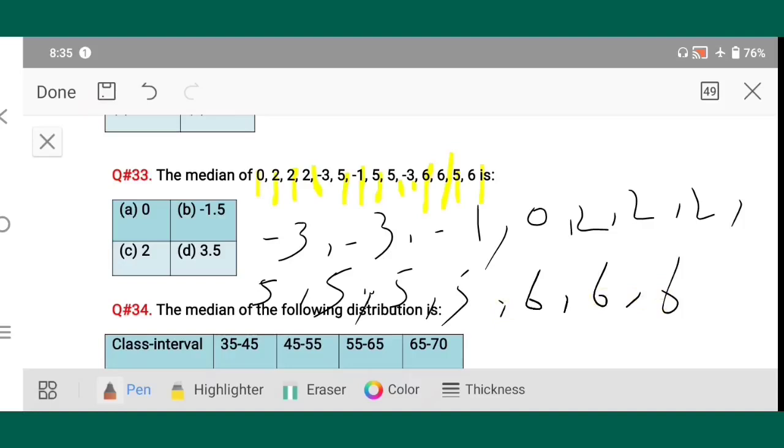Just count the numbers: 1, 2, 3, 4, 5, 6, 7, 8, 9, 10, 11, 12, 13, 14.